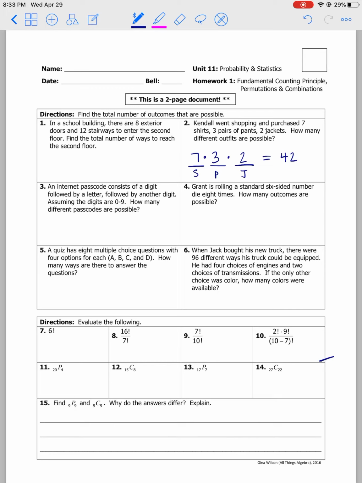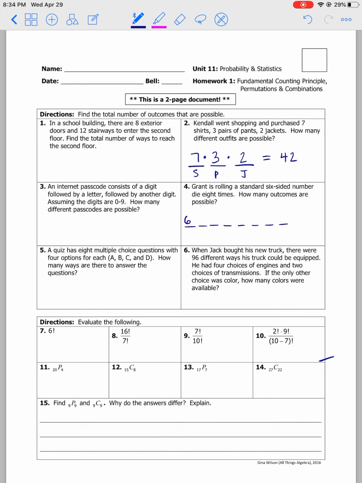How many outcomes are possible? He is rolling a die that has 6 sides 8 different times. If you want to visualize it, that would be 1, 2, 3, 4, 5, 6, 7, 8. That would be 8 different outcomes, 8 different things that happen. And each time, how many options does he have?